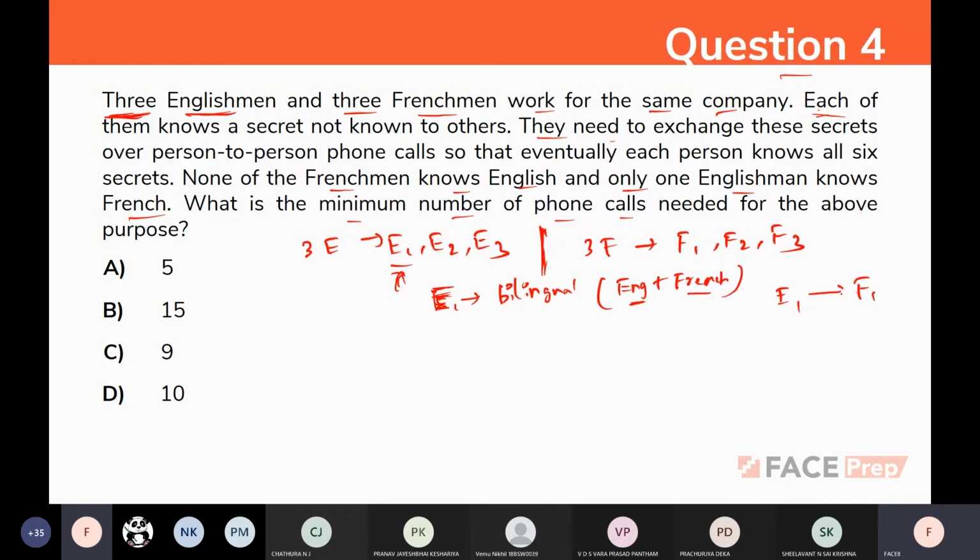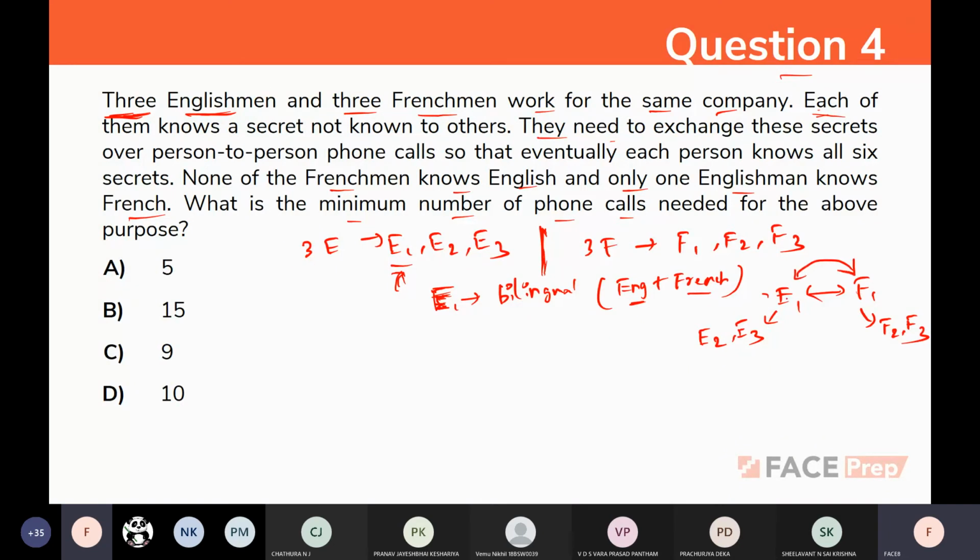Before we make this call, we need to make sure E1 knows all the secrets of E2 and E3, and F1 knows all the secrets of F2 and F3, so that in this call they can exchange all the 6 secrets.